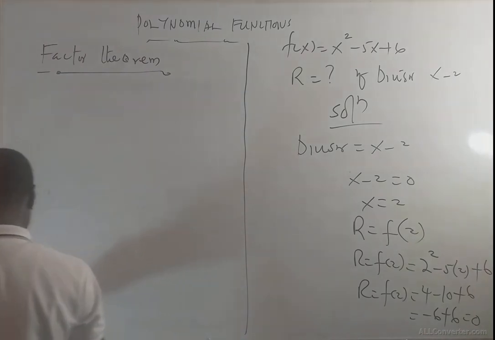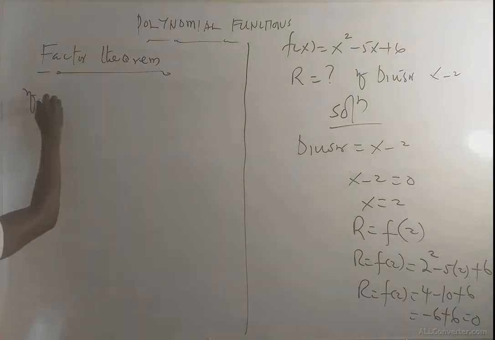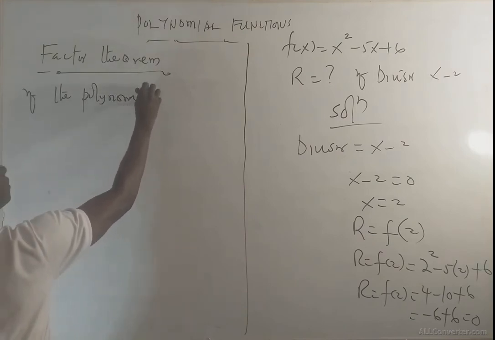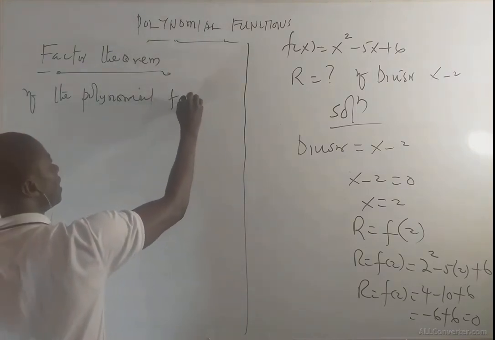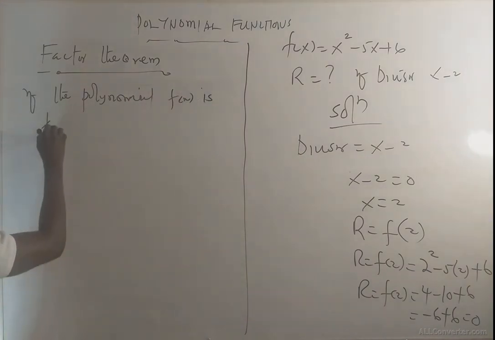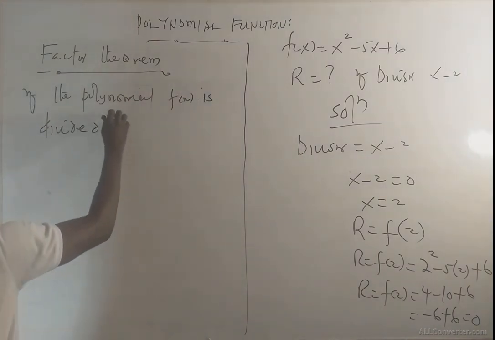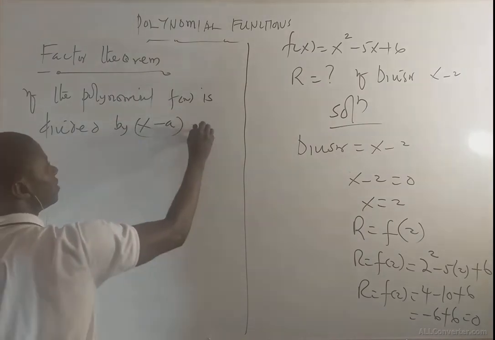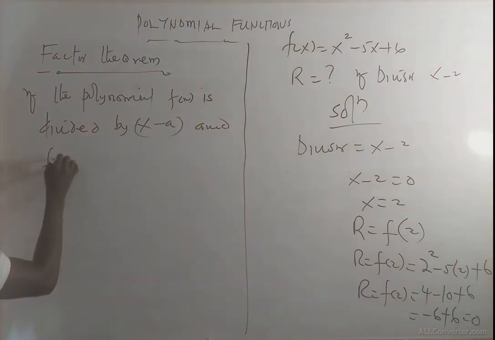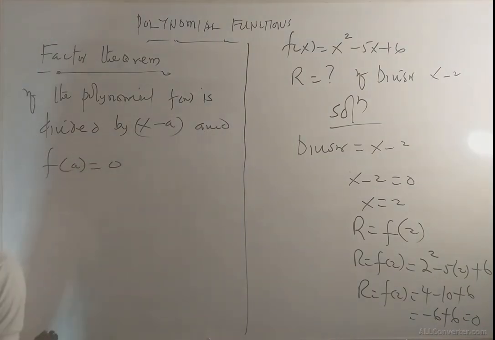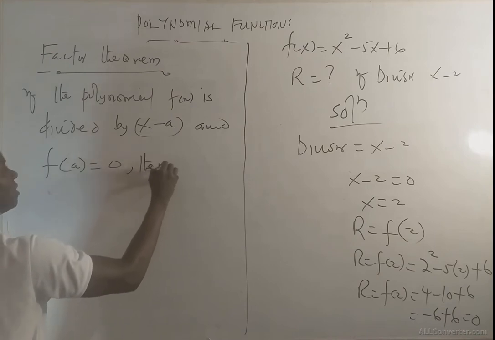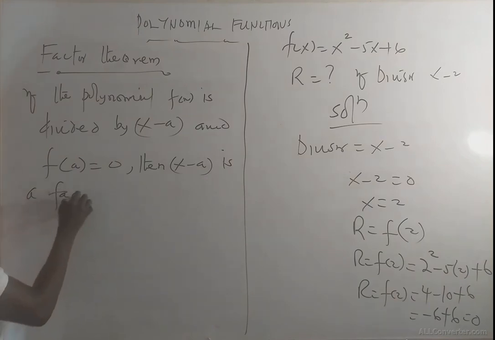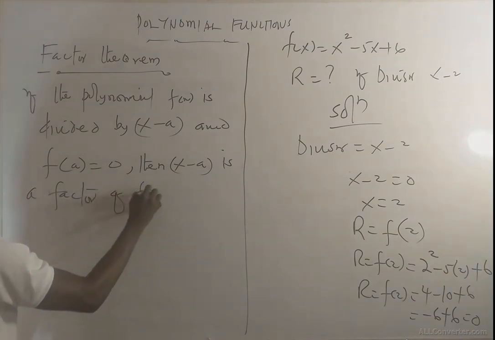Now, what the factor theorem is always saying is this: if the polynomial f of x is divided by x minus a, and f of a equals 0, then x minus a is a factor of the polynomial f of x.